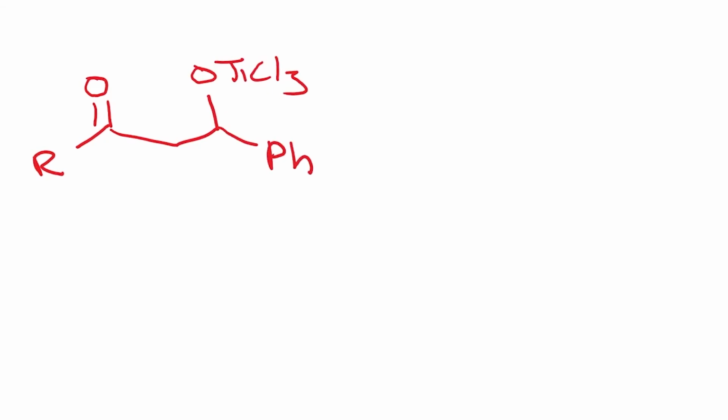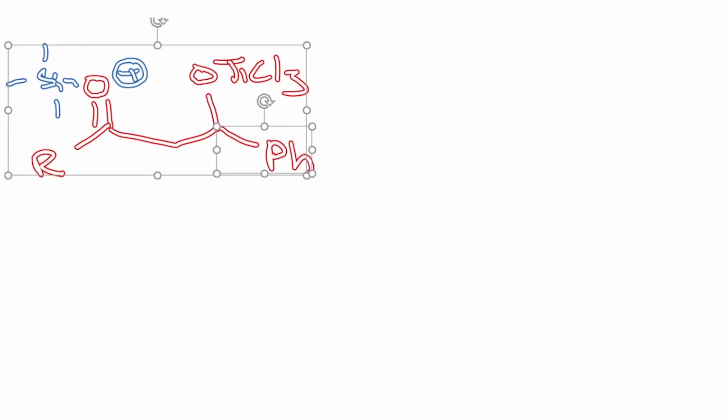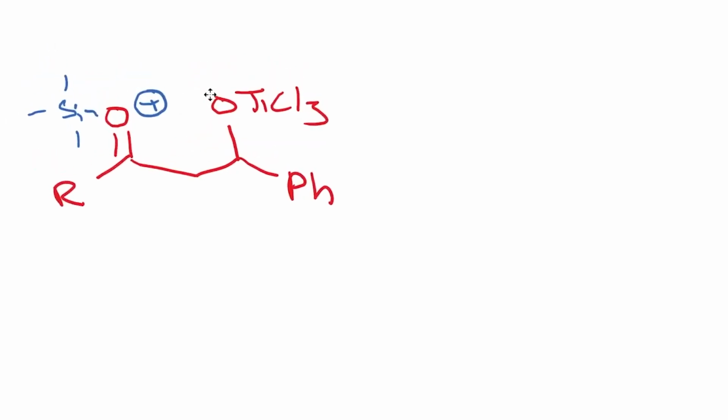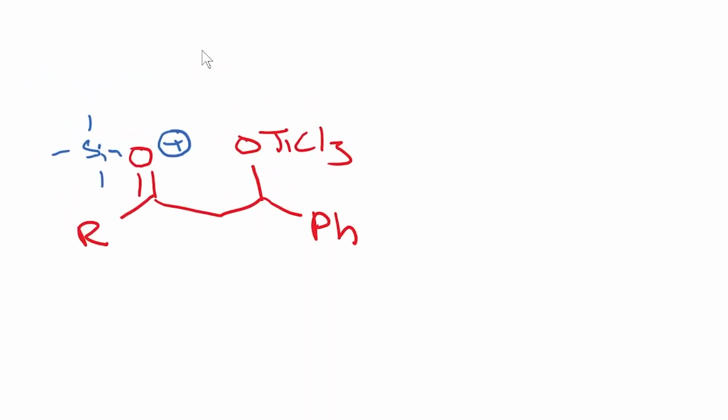C double bond O, R, O, TiCl3, and Ph. Okay, so keep in mind that the silyl group is still here, Me, and there's a positive charge over here. Okay, so now we can envisage that this silyl group is quite activated, and we have some chloride floating around.